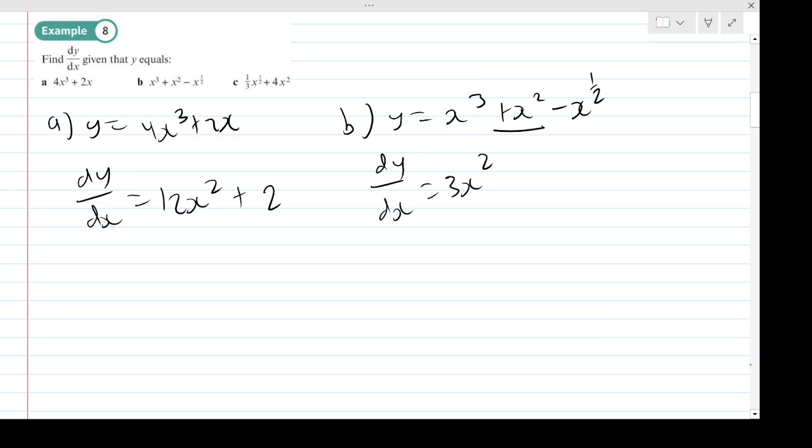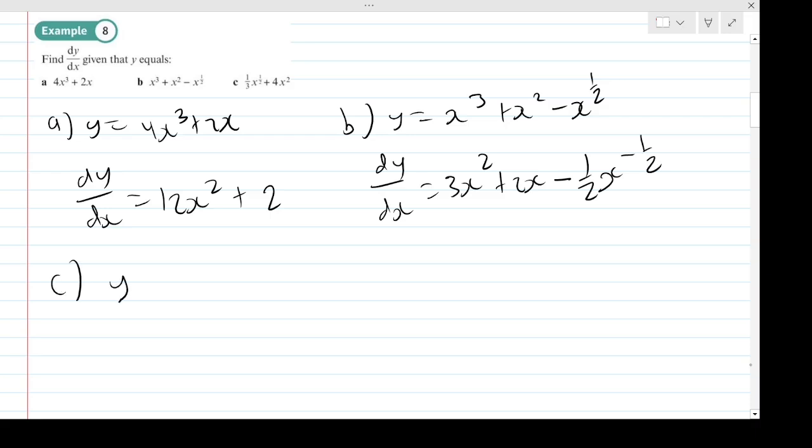Then we differentiate the x squared term, so that'd be plus 2x, right? Then minus x to the half. That's going to be minus, we bring the half to the front, so it'd be minus a half x. And then if we knock 1 off the power, a half minus 1, that's minus a half, okay? And there we are, that's my derivative.